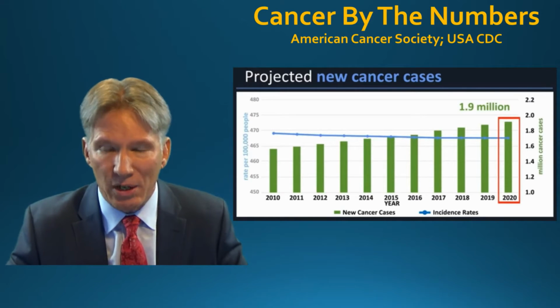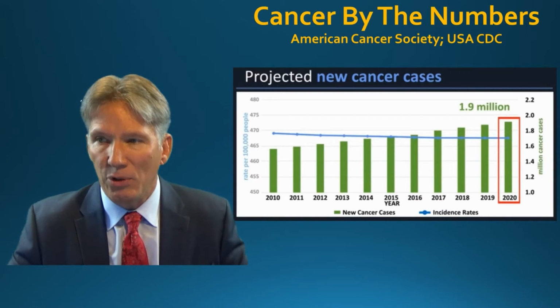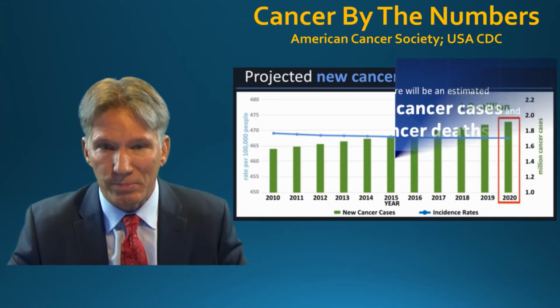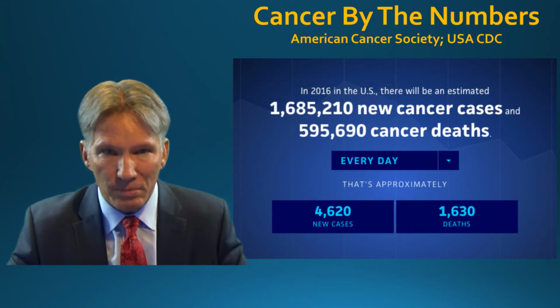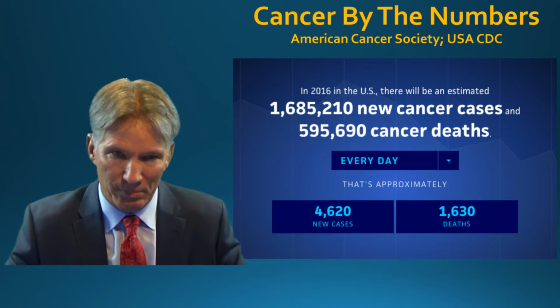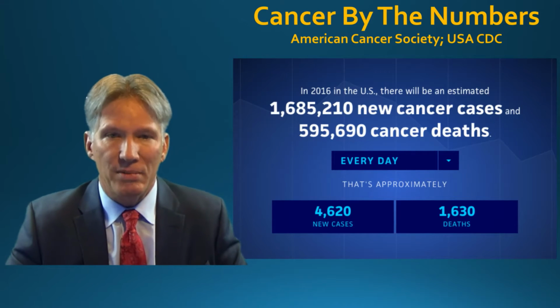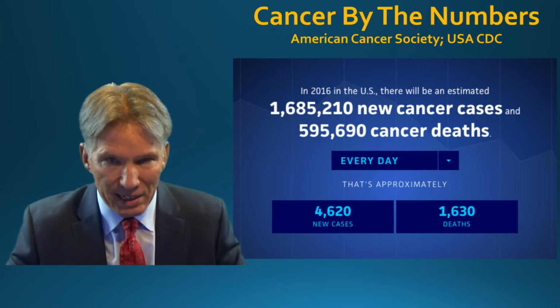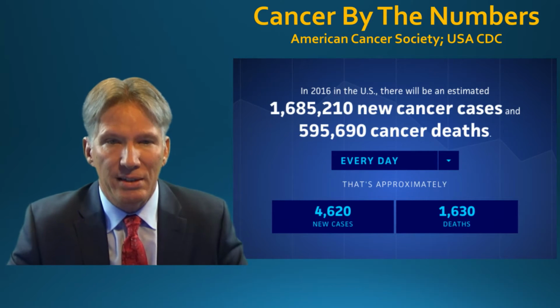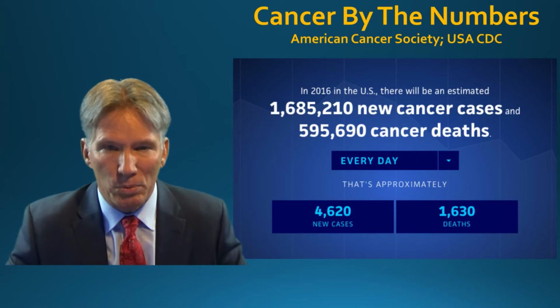They have no idea what causes cancer, and they have no idea how to cure it, because under their watch, cancer is getting worse. According to the United States Center for Disease Control, in 2016, there will be 1,685,210 new cancer cases. Nearly 600,000 people will die from it.